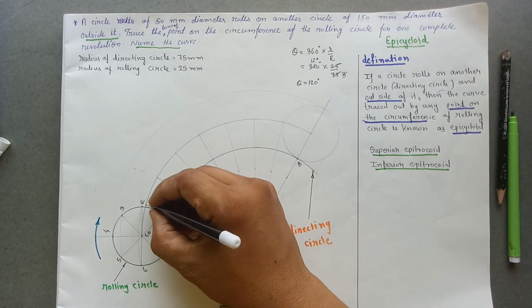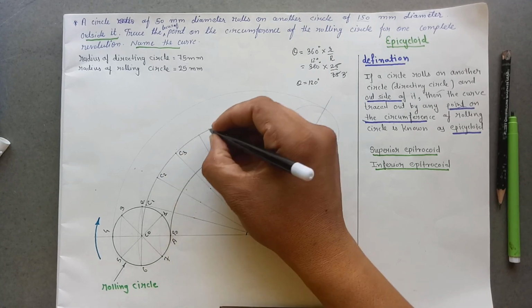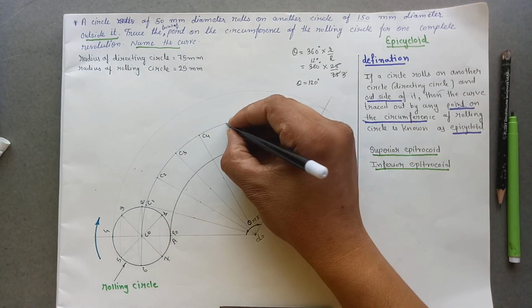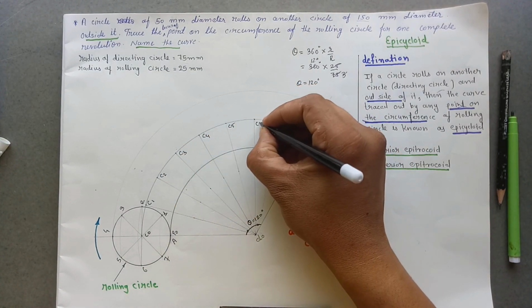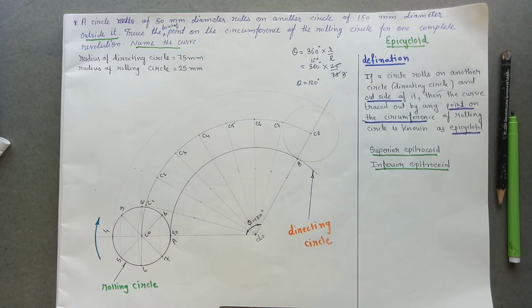So extend these lines. This will be C1, C2, C3, C4, C5, C6, C7, C8.